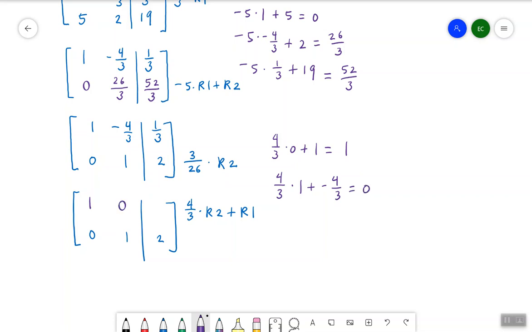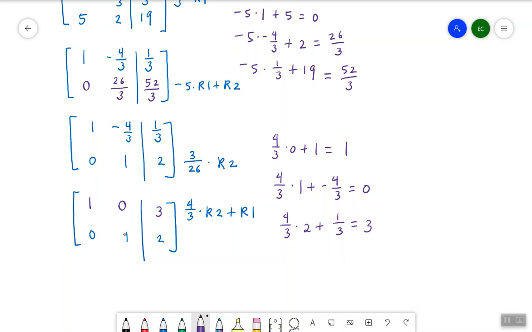All this looks real good. And then in that last column, we have 4 thirds times 2 plus 1 third. That's 8 thirds plus 1 third is 9 thirds, which is 3. And so there we have it.